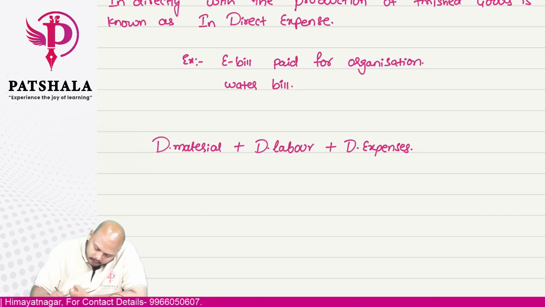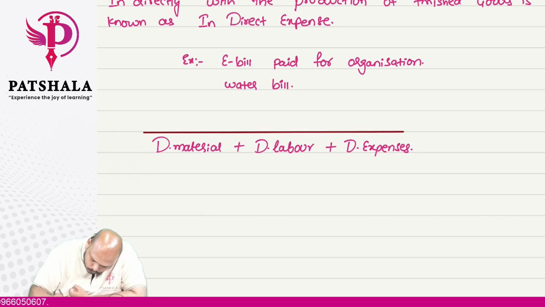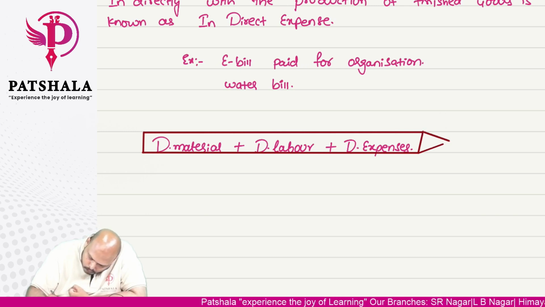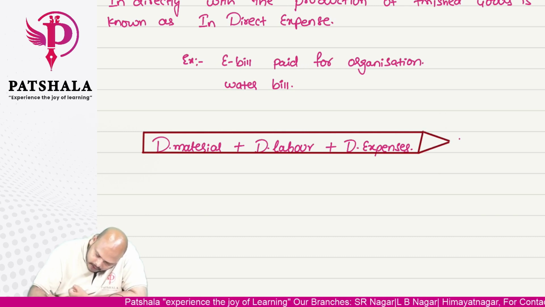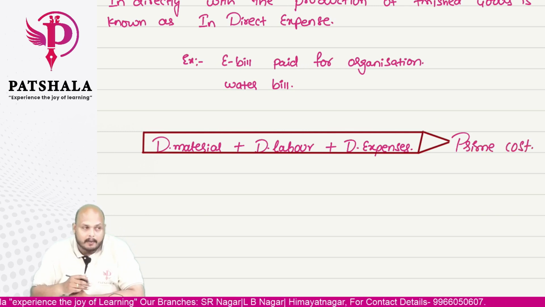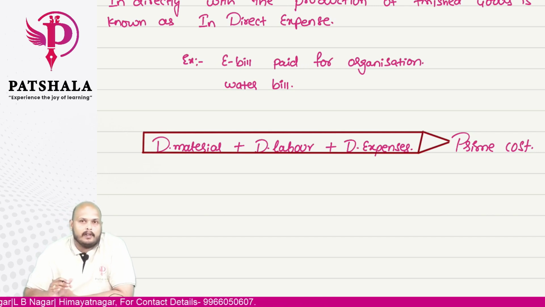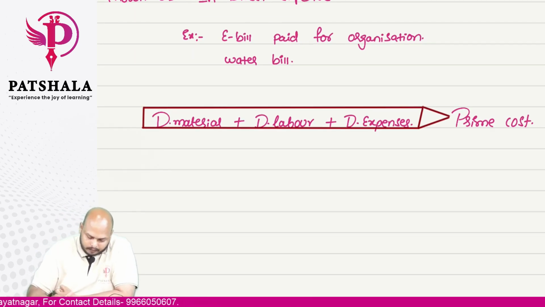These three things together we will call prime cost. The sum of direct material, direct labor, direct expenses, all these three things together we will call a prime cost.